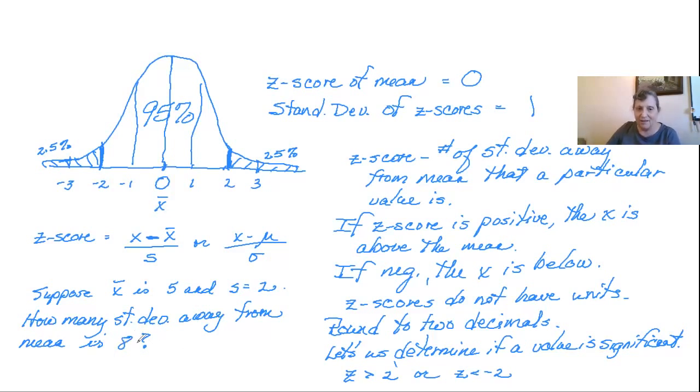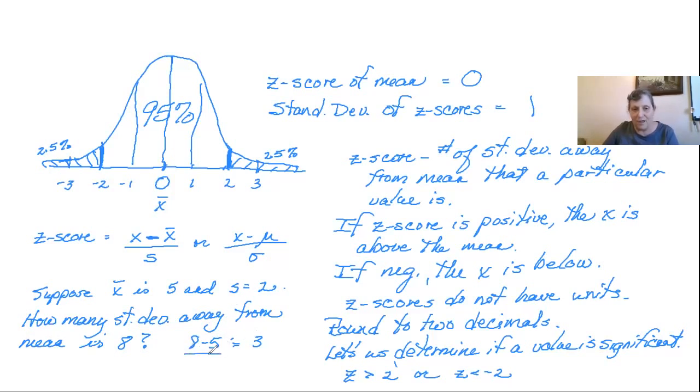Well, 8 is 3 units above 5, right? Because we know 8 minus 5 is 3. How many standard deviations is 3? If 2 is 1 standard deviation, so 4 would be 2 standard deviations. 3 is 1.5 standard deviations, right?